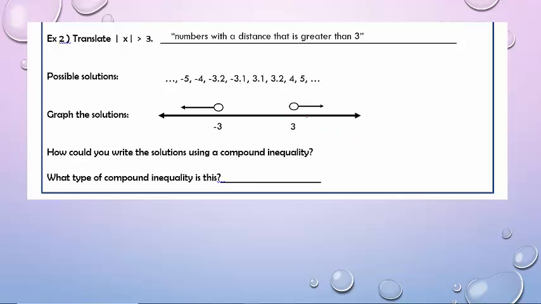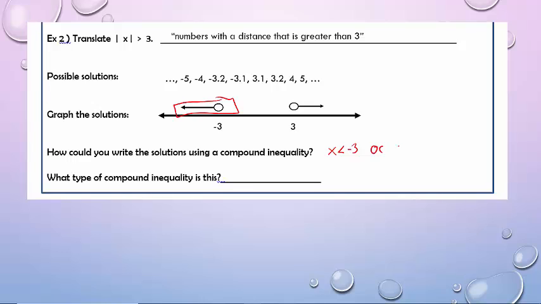So an easy way that we can show all of these solutions would be with a compound inequality. Since we have two separate graphs, the first one shows numbers less than negative 3. So any number beyond negative 3 will be more than 3 spaces from 0.